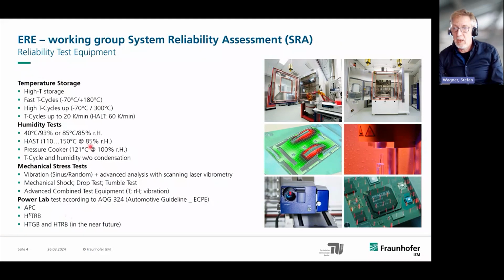For this, we have a lot of test equipment: temperature and humidity tests, mechanical stress tests, and our power lab with different test facilities according to the AQG 324 automotive guideline from the ECPE.